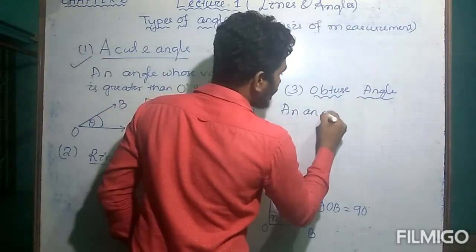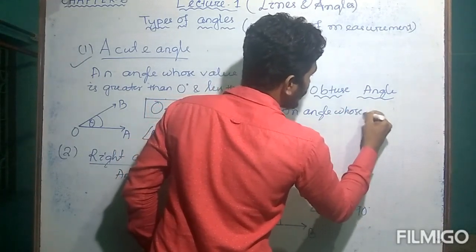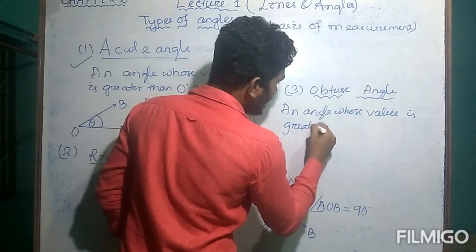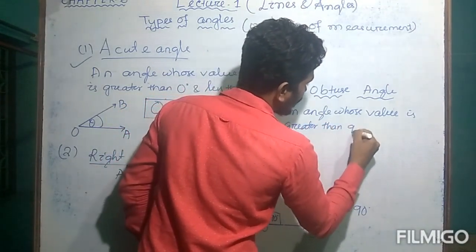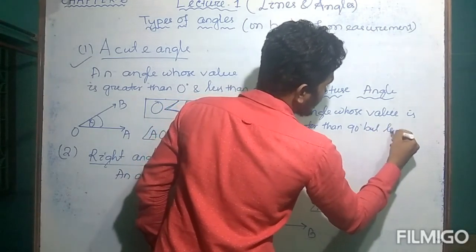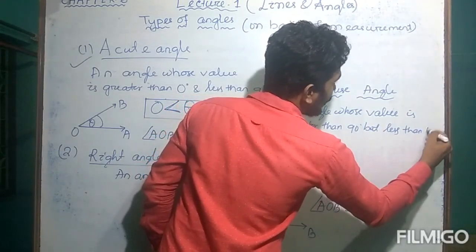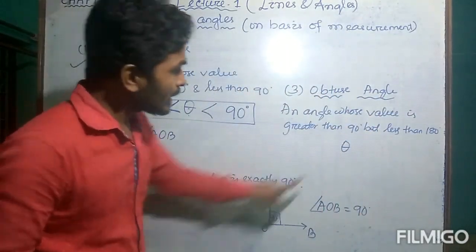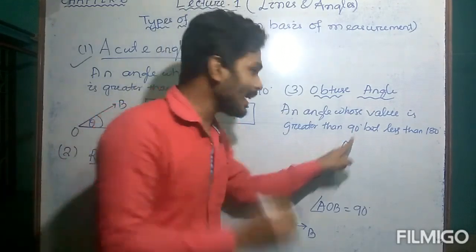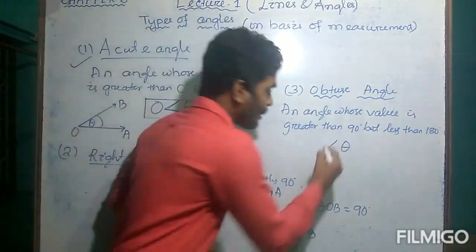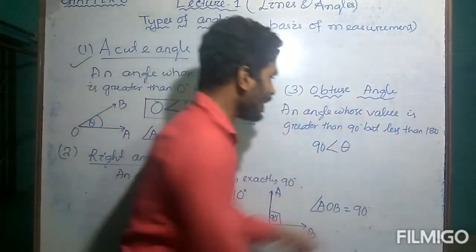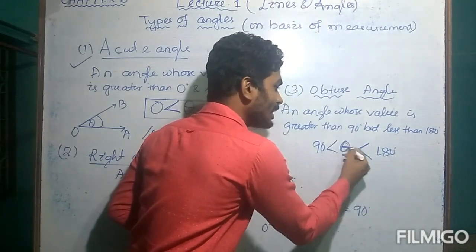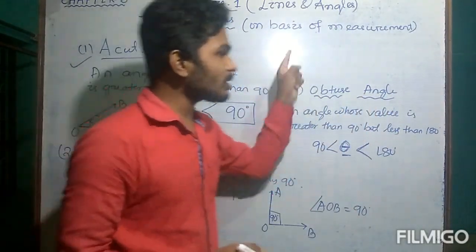So an angle whose value is greater than 90 but less than 180 degree. Here the angle is known as theta. Theta is greater than 90 degree, so this is the symbol of greater than, and less than 180 degree, so this is the symbol of less than. Here theta is less than 180 degree, but here theta is greater than 90 degree. Okay, this is known as obtuse angle.